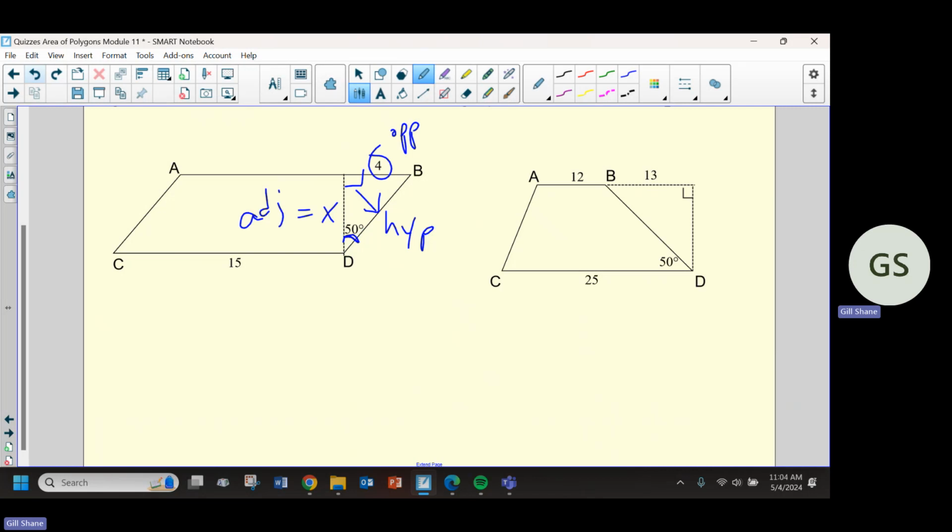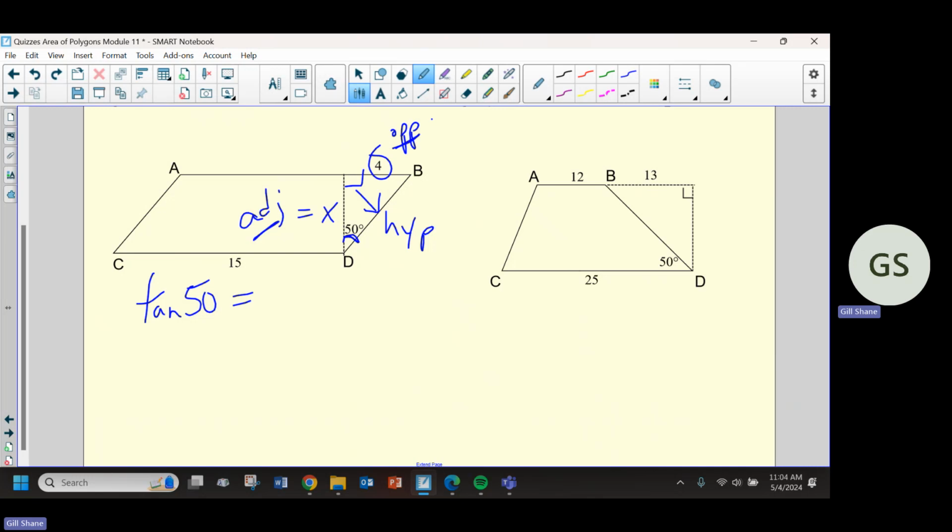So now that I've labeled them, I have to figure out which sides I'm using. Well, I got a 4, so I'm definitely using the opposite side. I need x, so I'm definitely using the adjacent side. So which function uses that? Tangent. And it's always tangent of the angle that I'm going to use. Again, the angle has to be inside the right triangle, which 50 is.